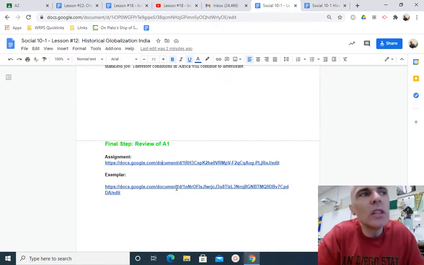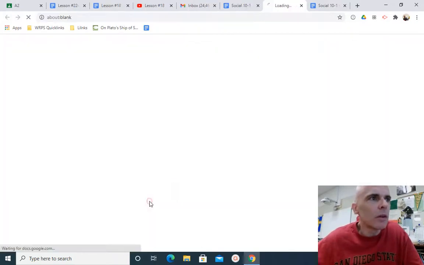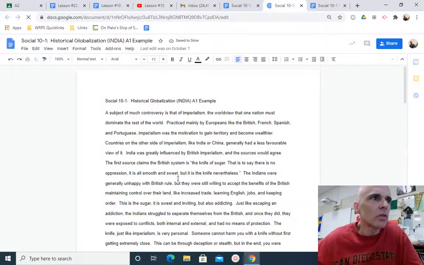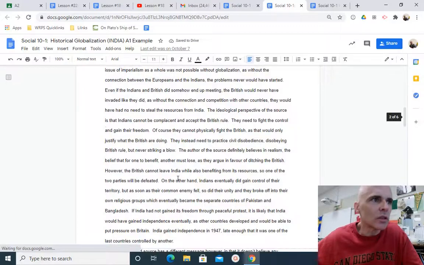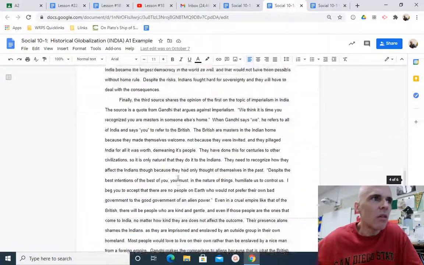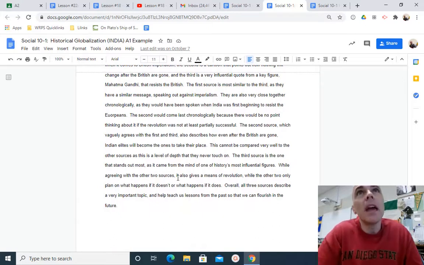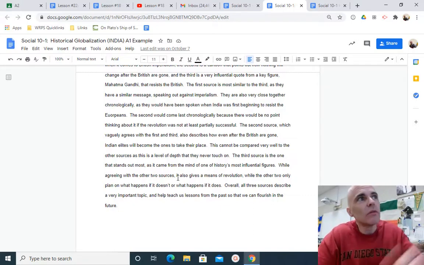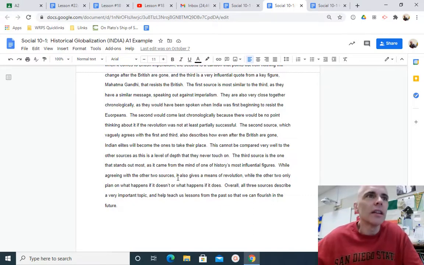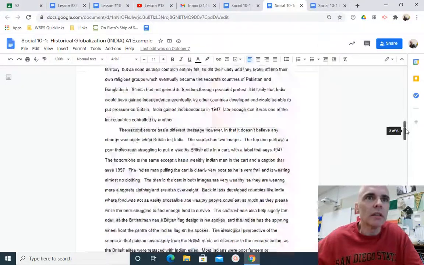The last step of teaching you guys how to do an A1, here's an exemplar. Here's an exemplar of a student's work that goes through each source, interprets each source, and then relates them at the end. So before I can give you an A1 assignment in its completion, I wanted to give you one final exemplar, and that's what that provides us.